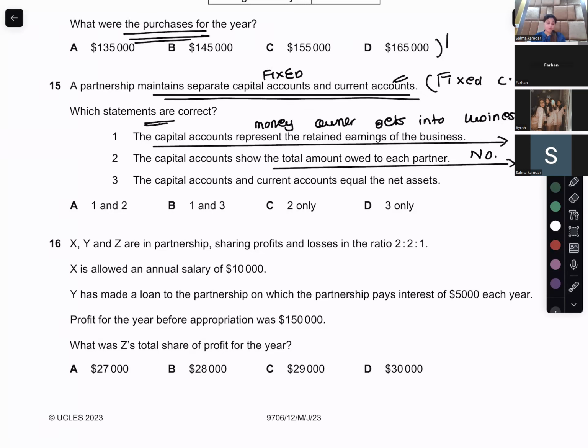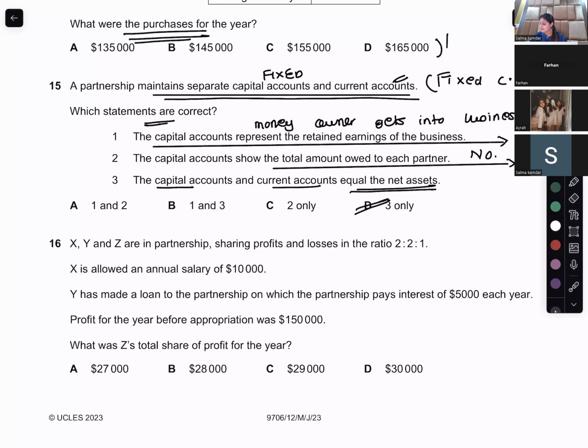No, because it is a fixed capital account method. Your capital account will only show you money that the owner has brought into the business or has permanently withdrawn, nothing else. Capital account and current account equals net assets.